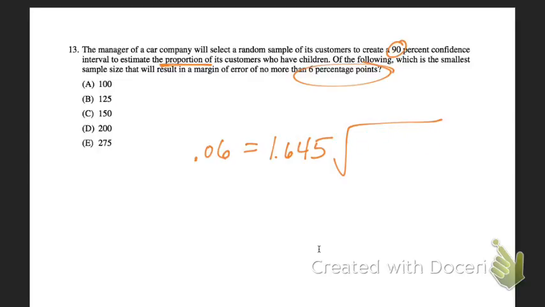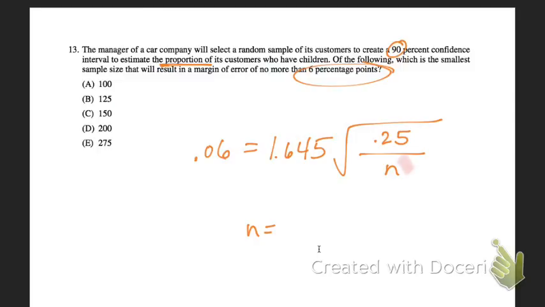Wait, do you go halfway to 100 or no? Yes. So it's 1.645. Wait, yeah, sorry, I thought it was 95. So it's 0.5 times 0.5. I went ahead and just replaced it with 0.25 because it's going to be the same every time. Then you divide by 1.645, square it, then take 0.25 divided by that.